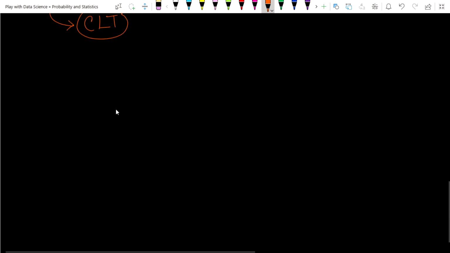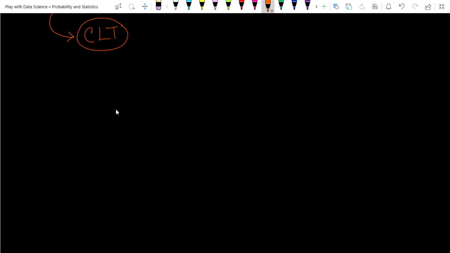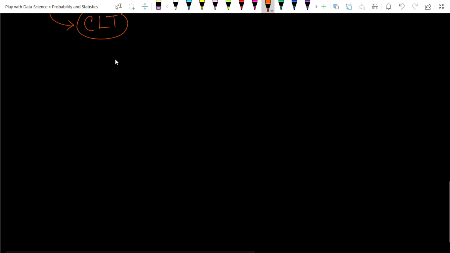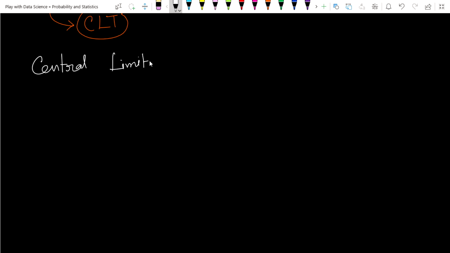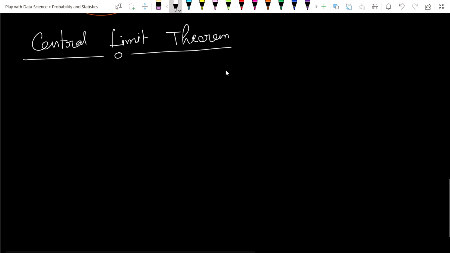So now let's discuss the central limit theorem step by step. What is the central limit theorem actually?